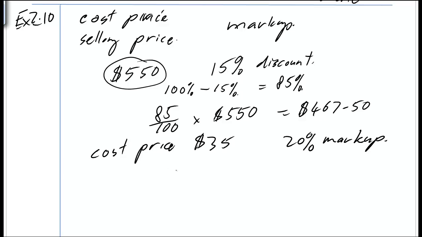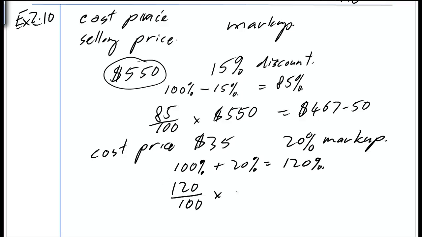So what you're going to do, you're going to go rightio. Remember, if you want to increase by a percentage, you add that percentage to 100, which is 120%. So we're going to find 120% of $35. So it's 120 over 100 times 35.